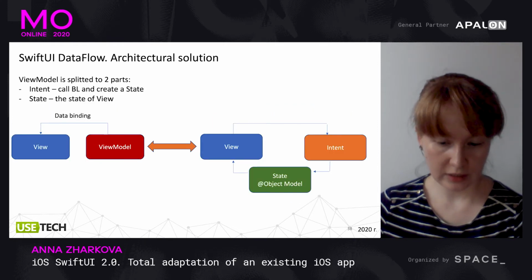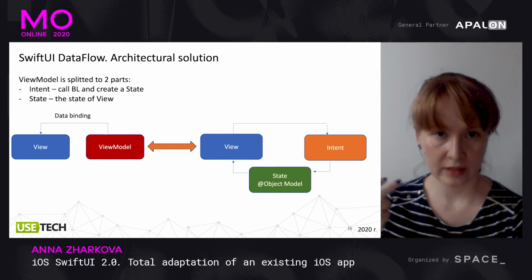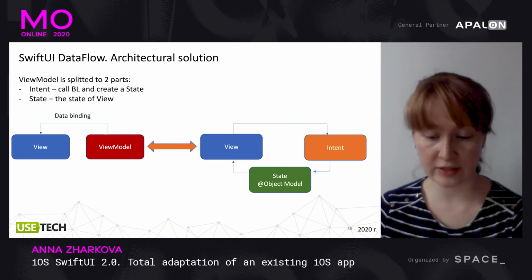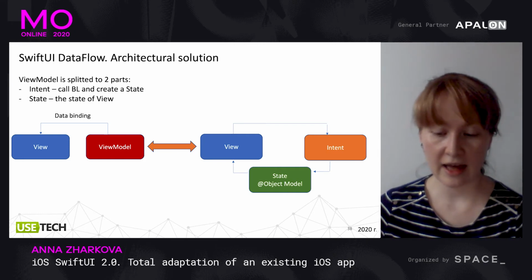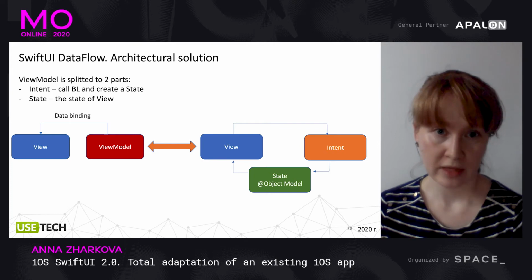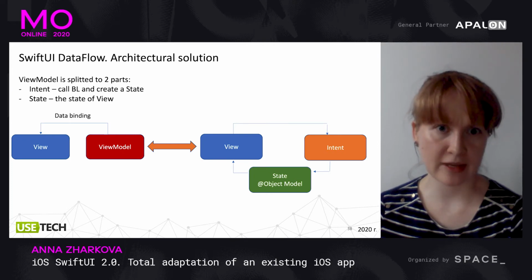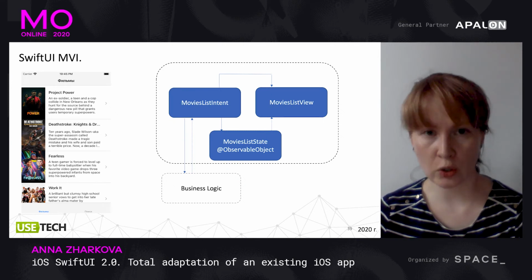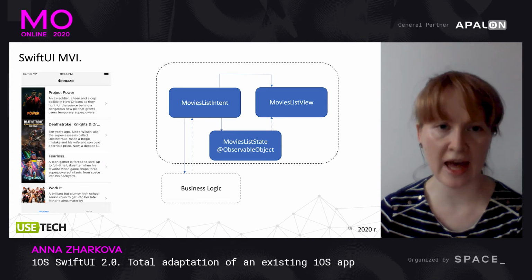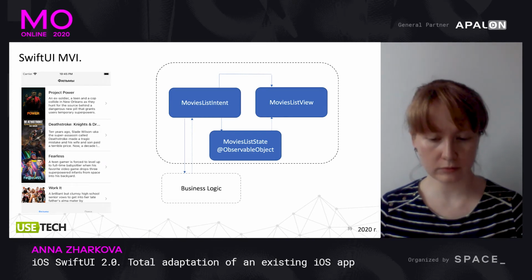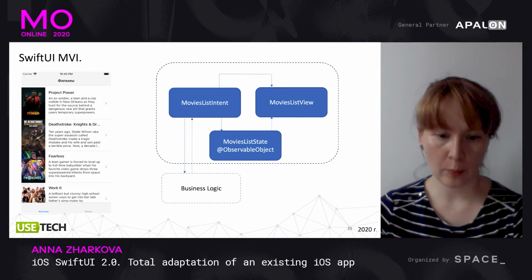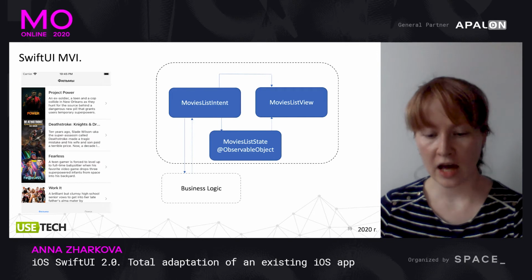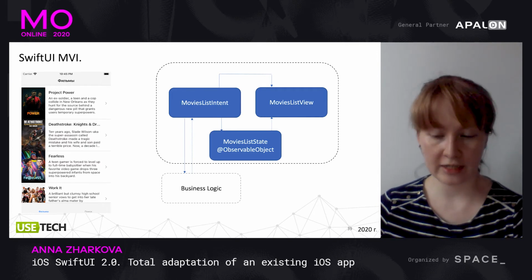And it looks like this. On the left side we have the MVVM with the view model, and now we have an intent that will create our state, and the view will call this intent. So at first it looks like this, and it means that instead of our view model, we have some state component and some intent component, and this intent component will call our business logic and then update our state, and the state will update our view.